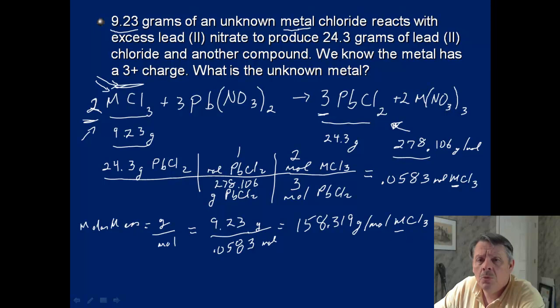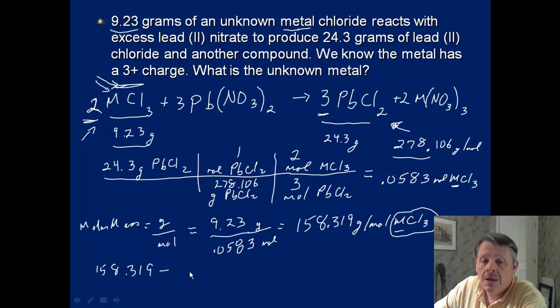But wait, we have 3 chlorines in MCl3. I can figure out what 3 chlorines weigh. So I take the 158.319 and subtract out 3 chlorines, which is 3 times 35.453, because each chlorine weighs 35.453.